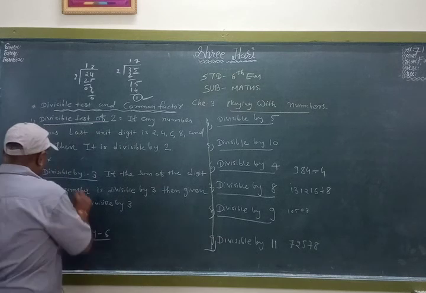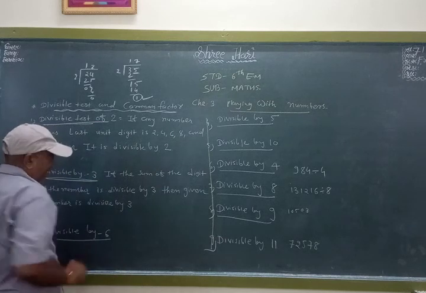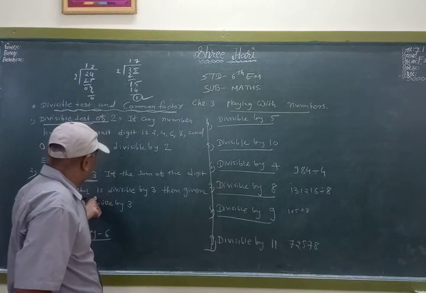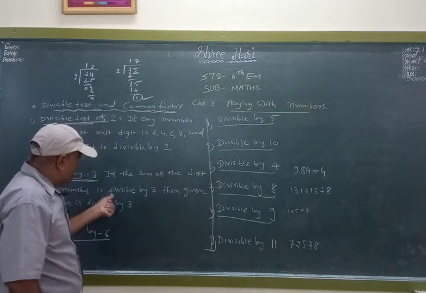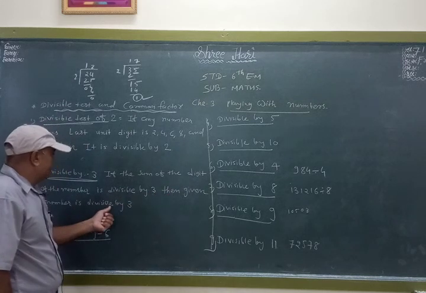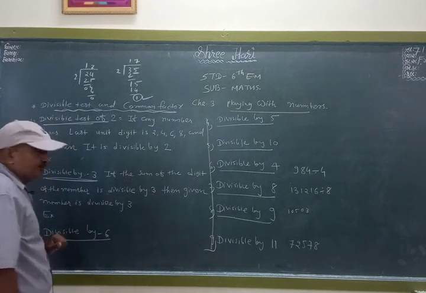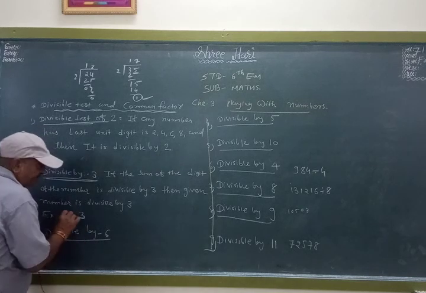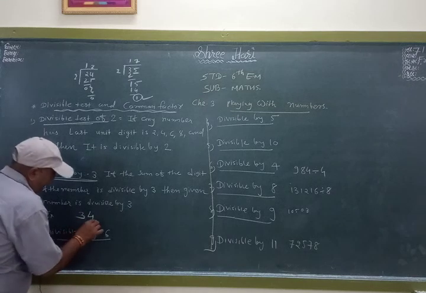This is the divisible test of 2. Now, divisible test of 3. If the sum of the digits of the number is divisible by 3, then the given number is divisible by 3. Suppose I have a number 3, 4 and 5.